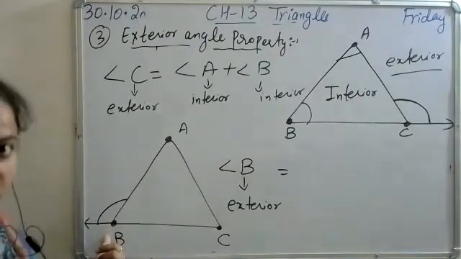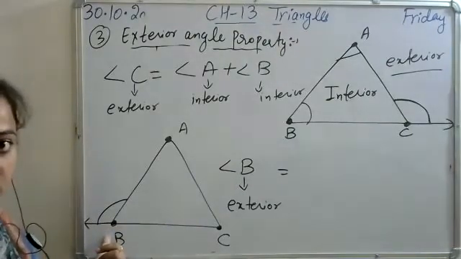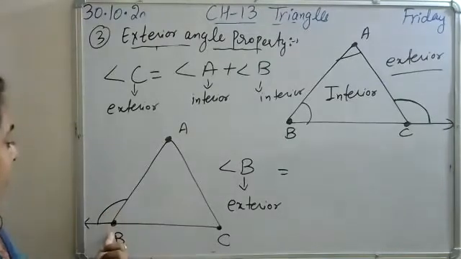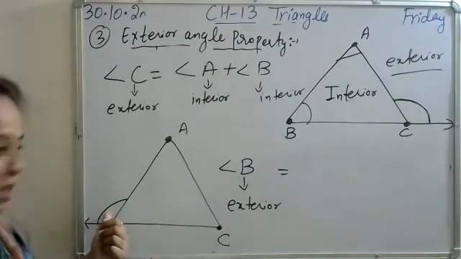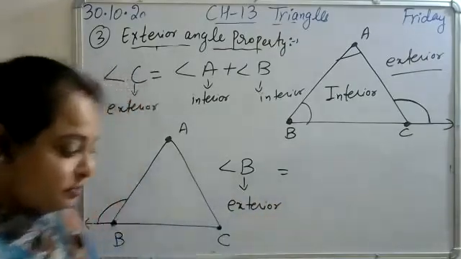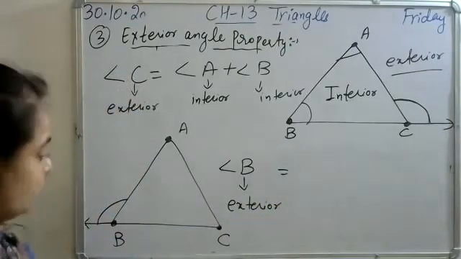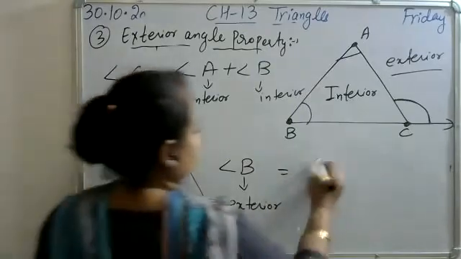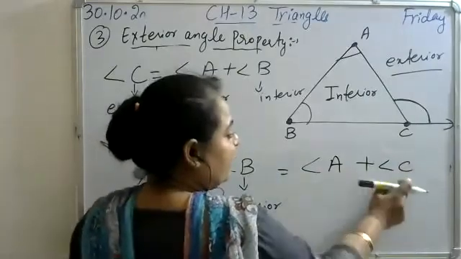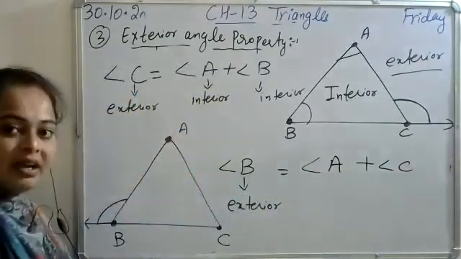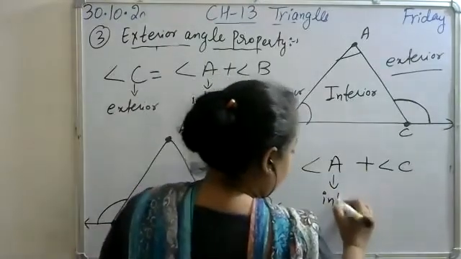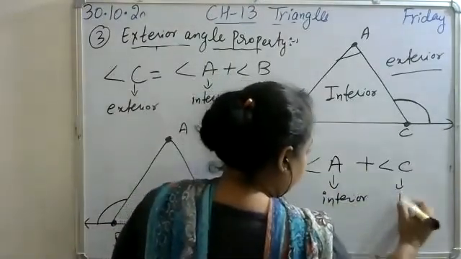This is B. And I marked exterior of B. Now this B is equal to what? Angle A plus angle C. Angle A plus angle C. And what about this angle C and angle A? These two angles, interiors. Very good. These are interior angles. So interior and interior.